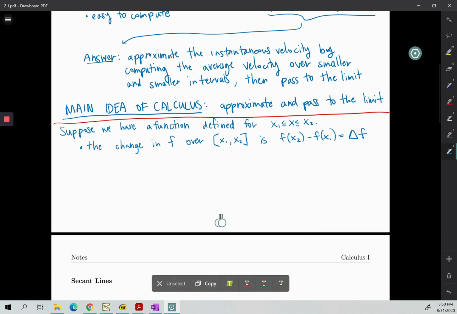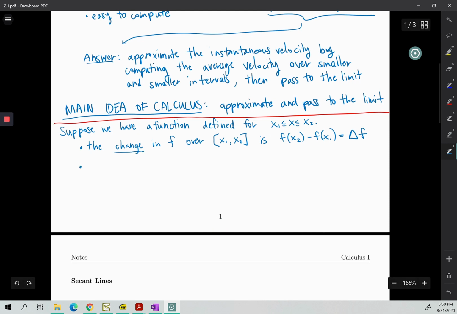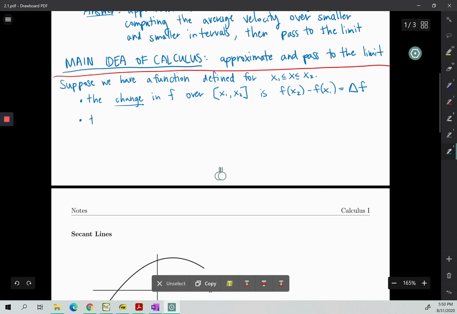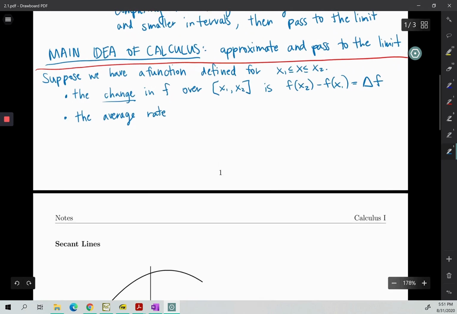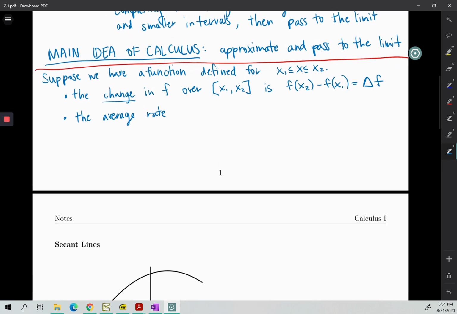Okay, so this is change, and then the other definition I wanted to give you was the average rate of change. This is very similar to the average velocity that we talked about earlier. I will usually abbreviate this AVG ROC.